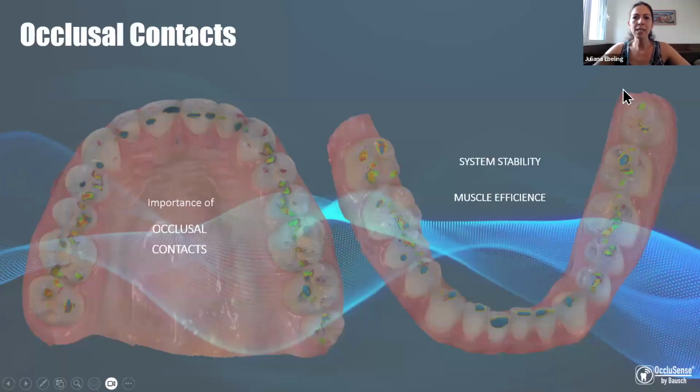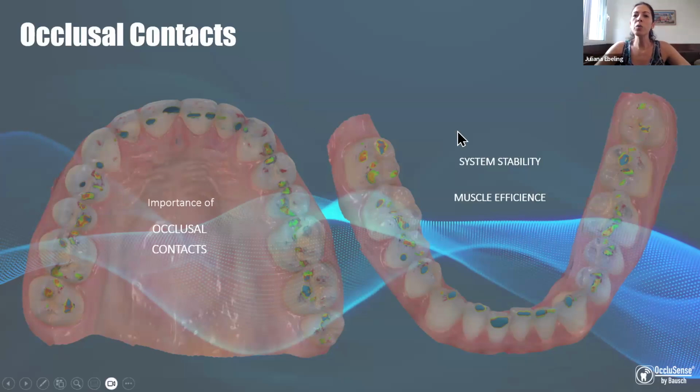When we understand this, we need to move on to the importance of occlusal contacts. This distribution of occlusal contacts is responsible for the stability of the system. This is very important, because we can have a stable system from two points: from the teeth or from the joint, skeletal stability or teeth stability.